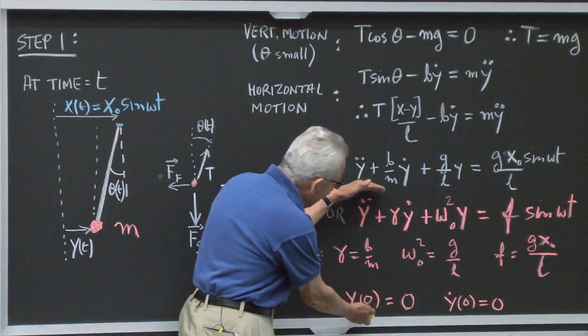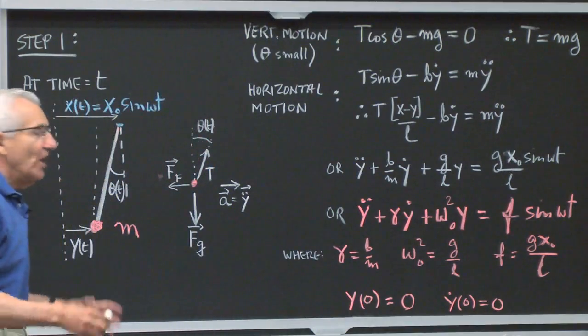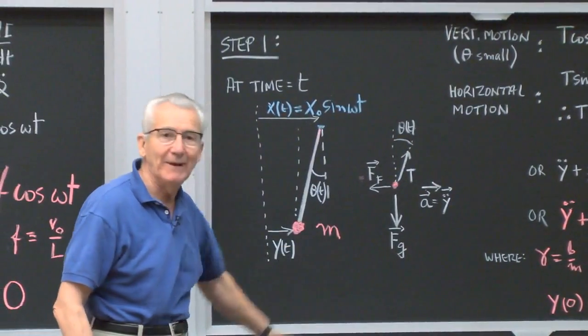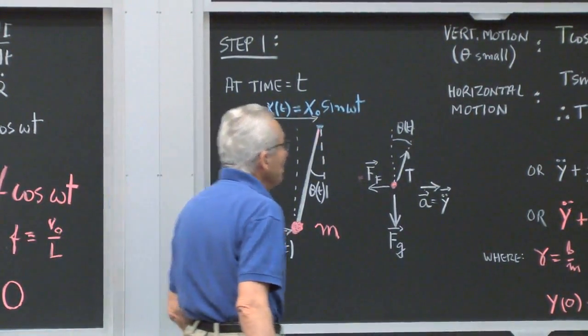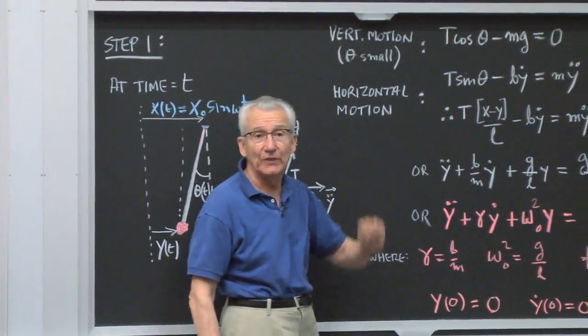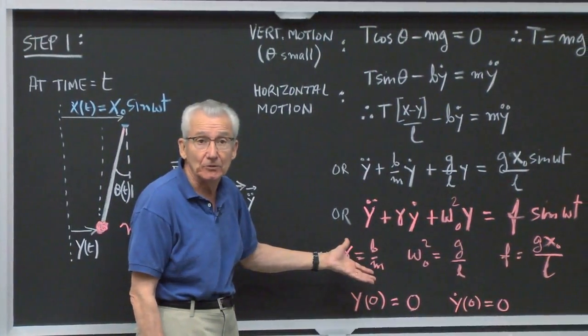This is now a set of mathematical equations. I have described this problem in terms of mathematics. From now on, I can forget that this has anything to do with that problem. I have to solve now a mathematical problem.